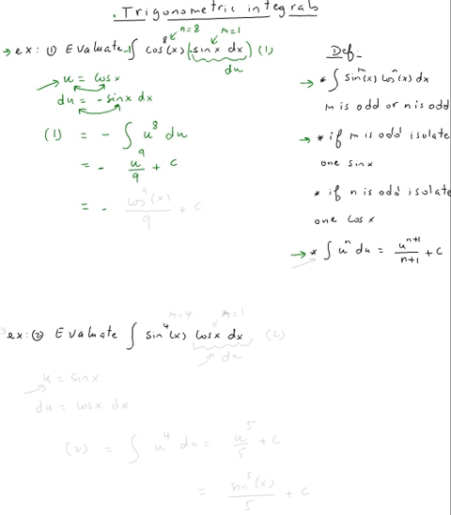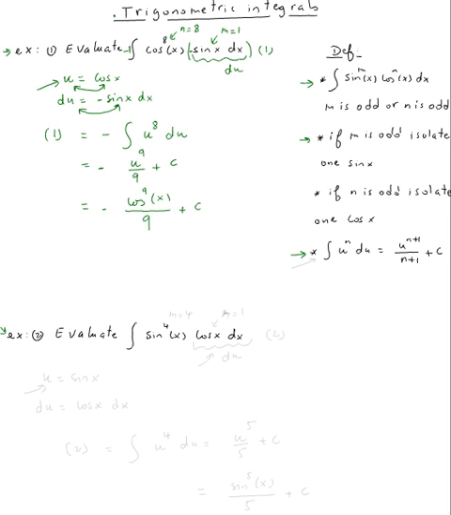So this will be minus cosine^9 of x over 9 plus c. We're done.